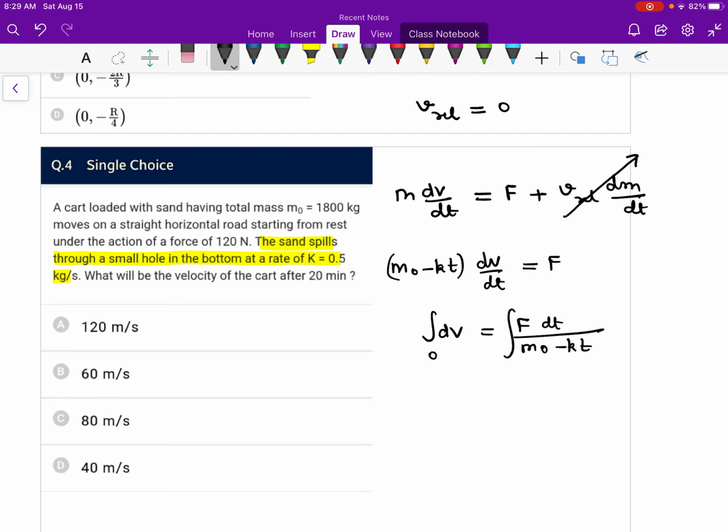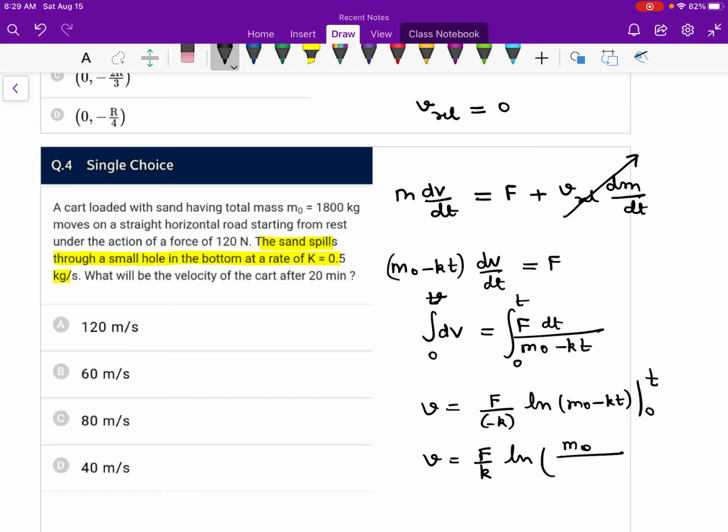Now integrate from 0 to t, 0 to v, sorry, at 0 to t. So this is v equals 1 upon minus k ln of m0 minus kt from 0 to t. Now by absorbing the minus sign and interchanging the limits, we have 1 upon k, f will be there, f by k ln of m0 upon m0 minus kt.